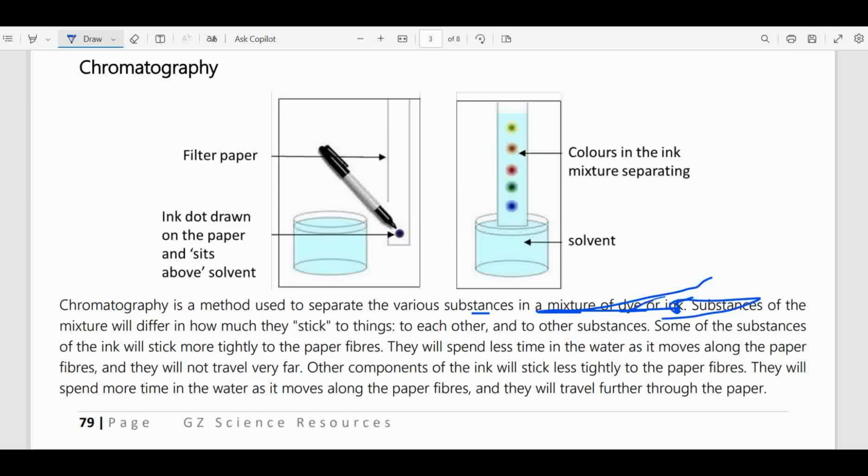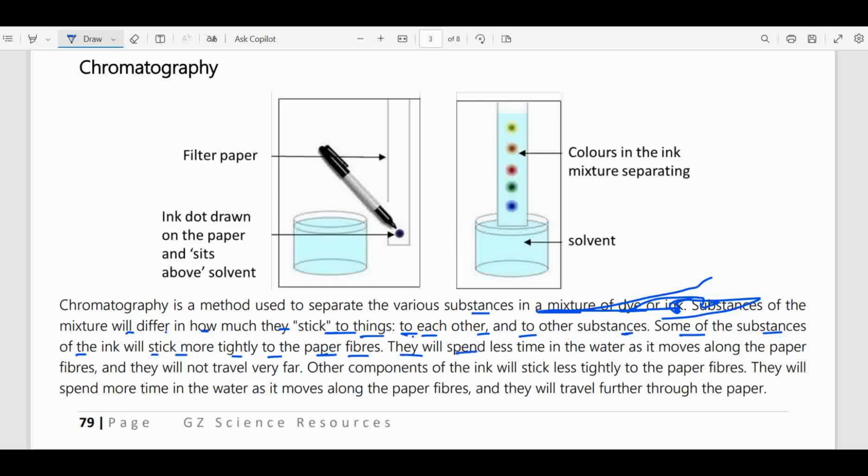All right, now substances of the mixture will differ in how much they stick to things. That's viscosity, for example, how much they stick to each other and to other substances. Some of the substances of the ink will stick more tightly to paper fibers.